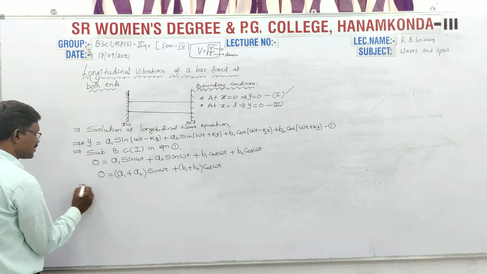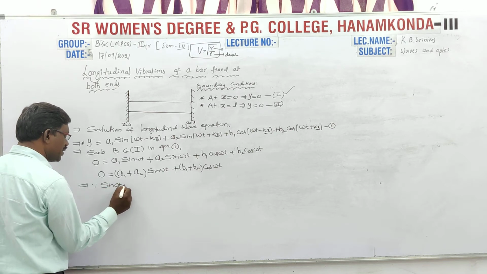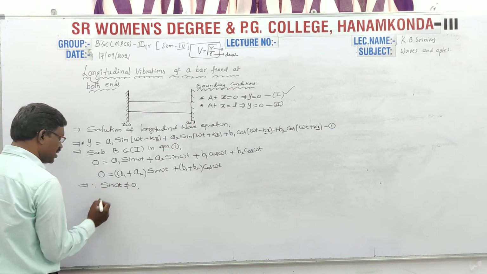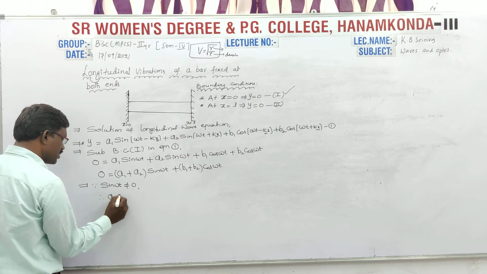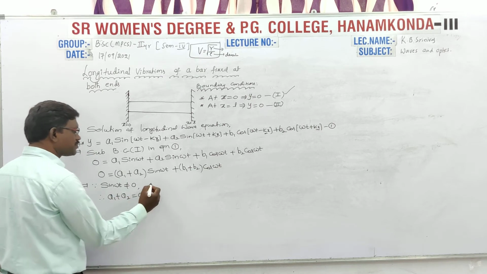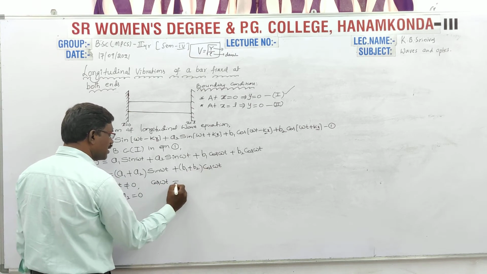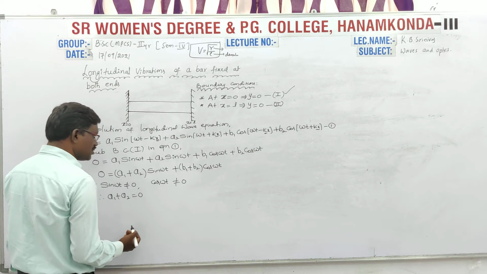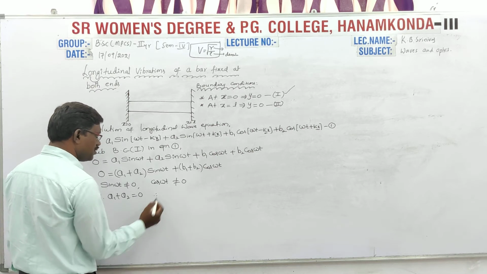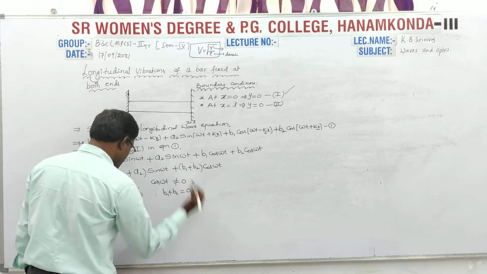So you can write like this. Since sin omega t can never be equal to 0, therefore a1 plus a2 must be equal to 0. Similarly, cos omega t can never be equal to 0. Therefore b1 plus b2 must be equal to 0.